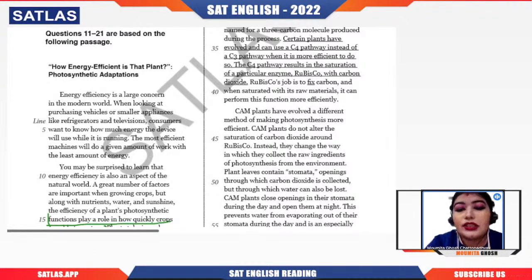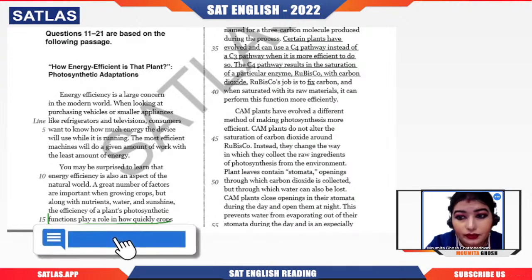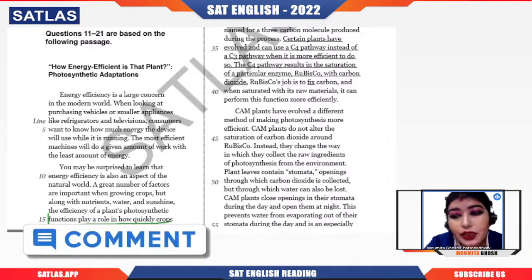The carbon fixation is the process, and when saturated with its raw materials, that is maybe the fertilizer or maybe the mud or the dust particles which we find at the radical or the root of the plant, when it gets mixed with this rubisco, it can perform this function more efficiently.